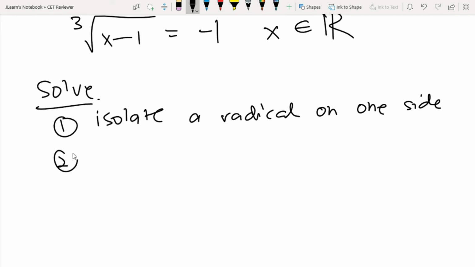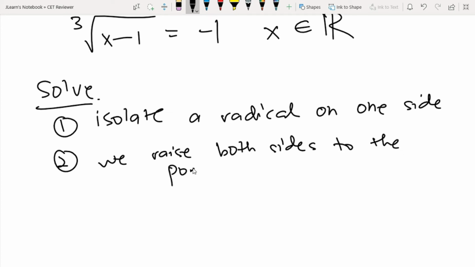And then, we raise both sides to the power of the radical. So, why do we do this? Ginagawa natin to kasi gusto natin tanggalin yung radical sign. Okay? And then, next is we just simplify.